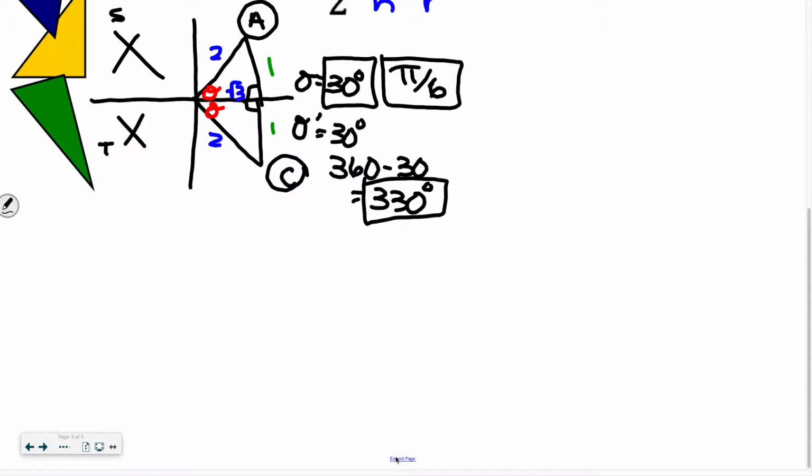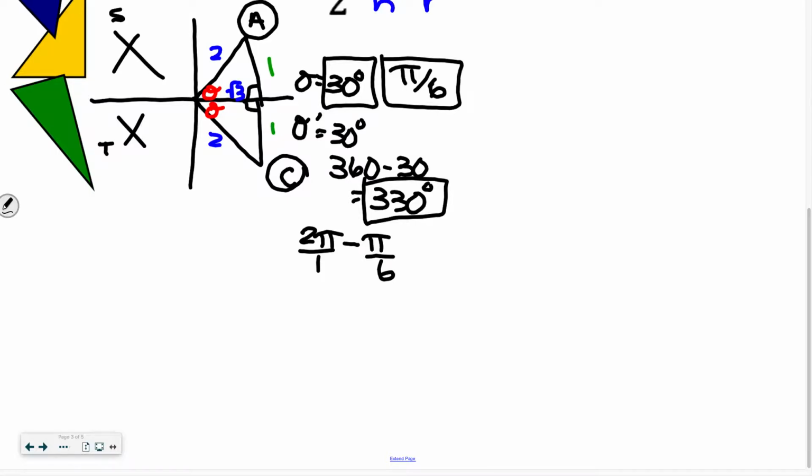Instead of doing 360 minus 30, let's do 2 pi minus pi over 6. Because 1 full revolution would be 2 pi, and we're in that fourth quadrant. So we're 1/6 short of that. What's that? 11 pi over 6.